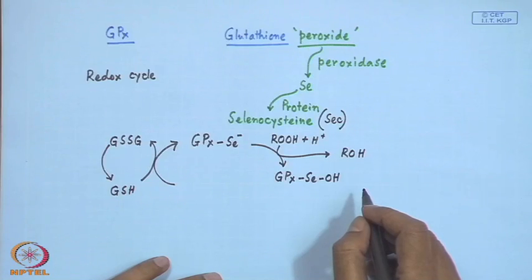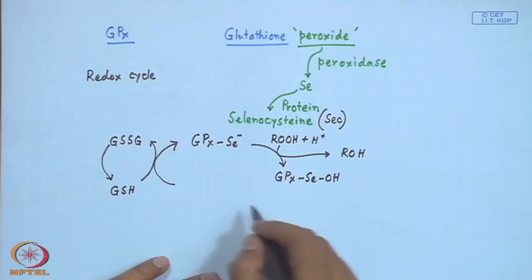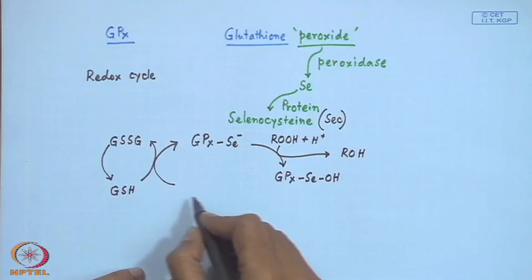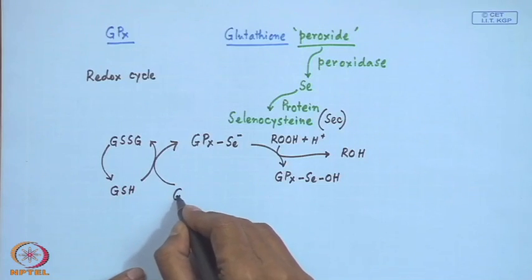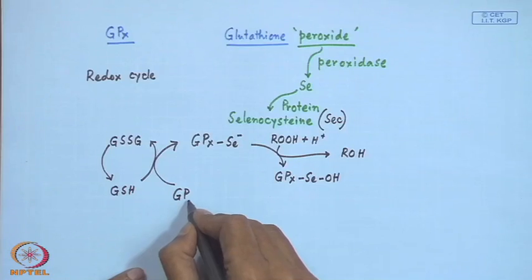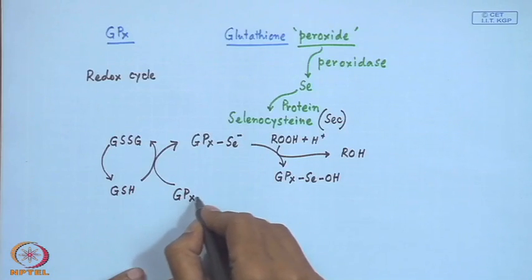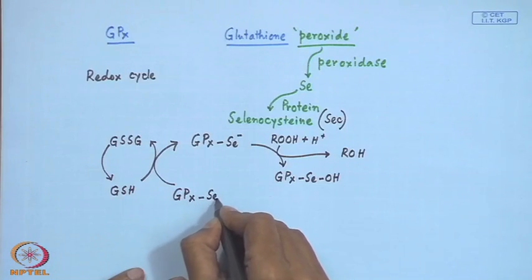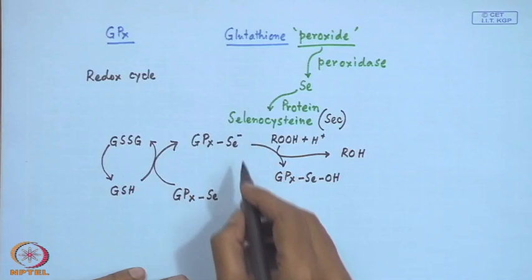So, this selenol is forming over there and the corresponding selenic acid is also there, and this basically goes for the corresponding GPX, the selenium group bearing thing.